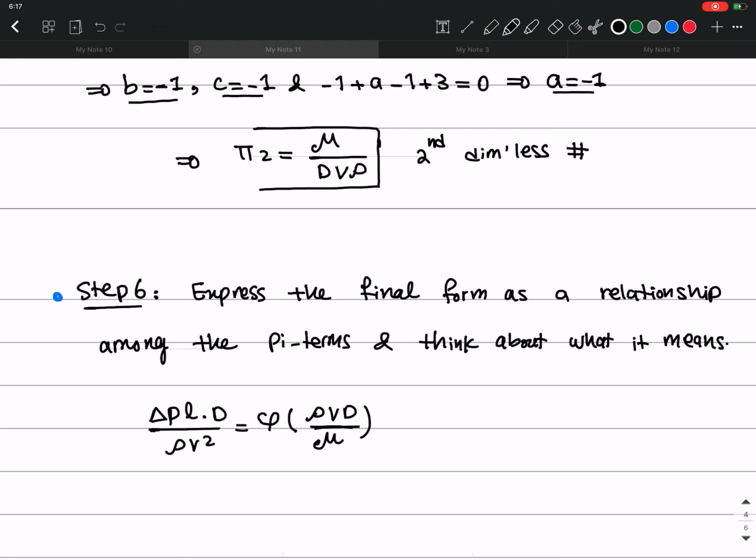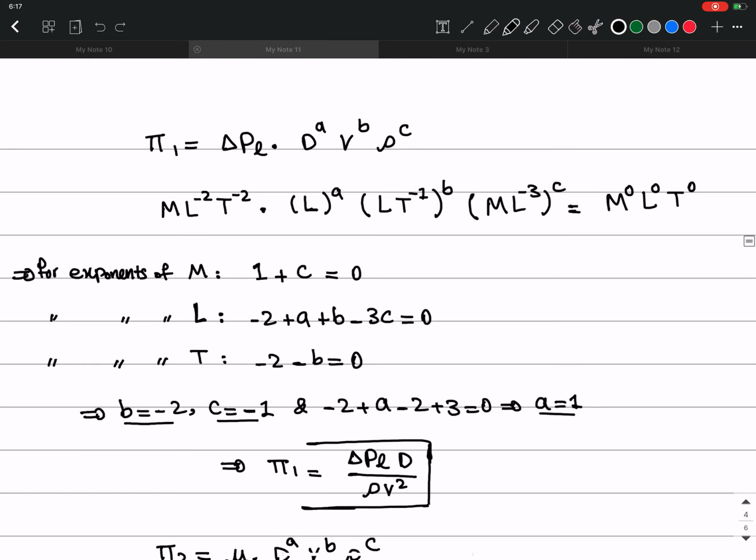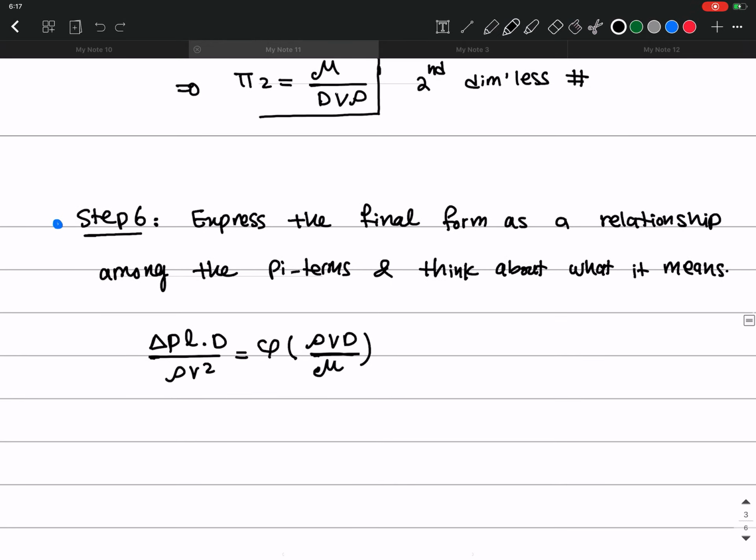The reason is because this is also going to be a dimensionless number, right? Rho v d over mu. It's the same thing as this. If you calculate it, you will see that it's also a dimensionless number. So this is how I want to express this final form between the pi terms, okay?